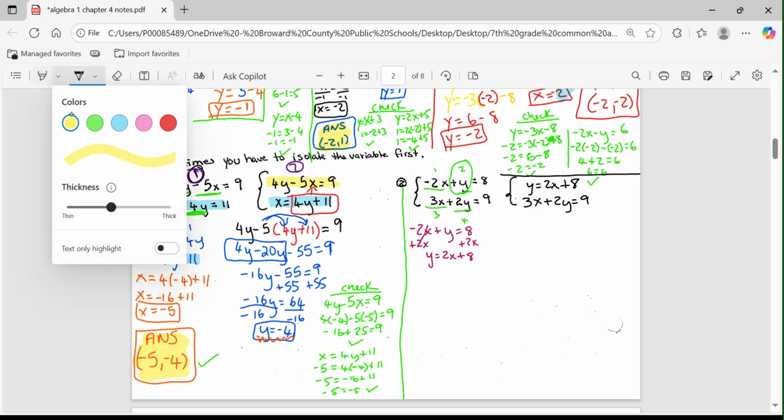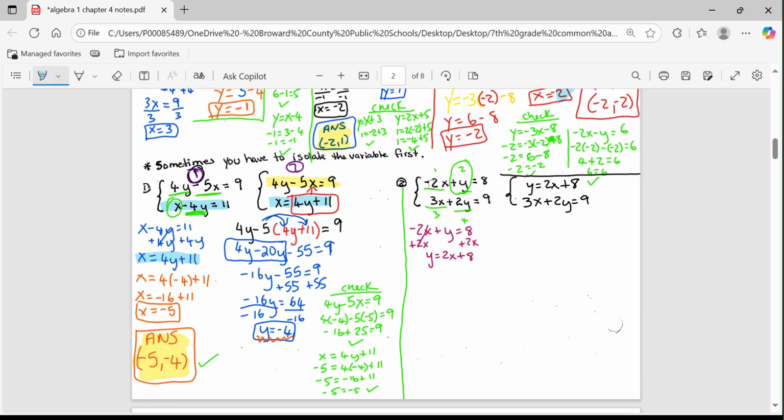Again, in this case, all I'm doing is changing it from that to that by moving things around. I want to make sure that my variable is isolated. Only when it's isolated can I take it and substitute it in for y, because now y is equal to all of that.